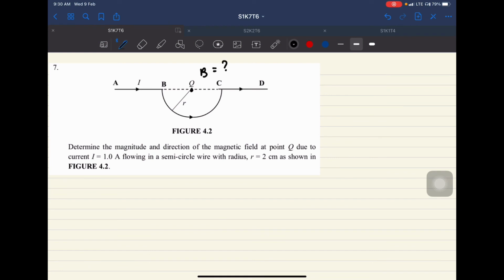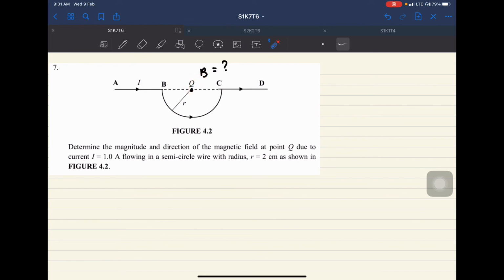By logic, the magnetic field here is contributed by three segments: segment AB, segment BC, and segment CD. But segments AB and CD only produce a magnetic field on the left and right hand side around them, but not in front or behind here. So these segments contribute zero magnetic field over here.